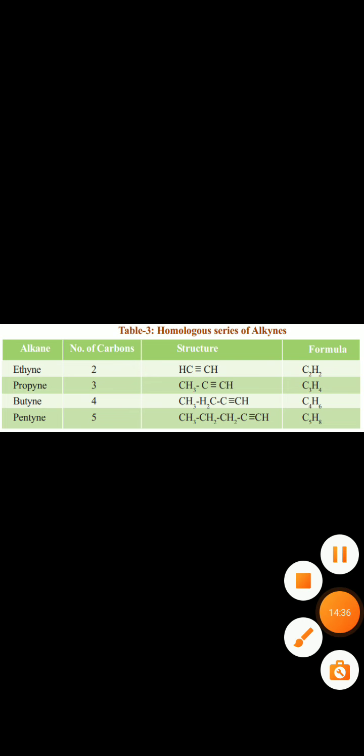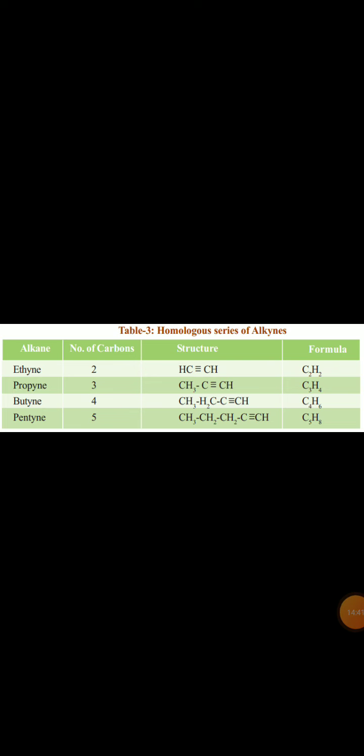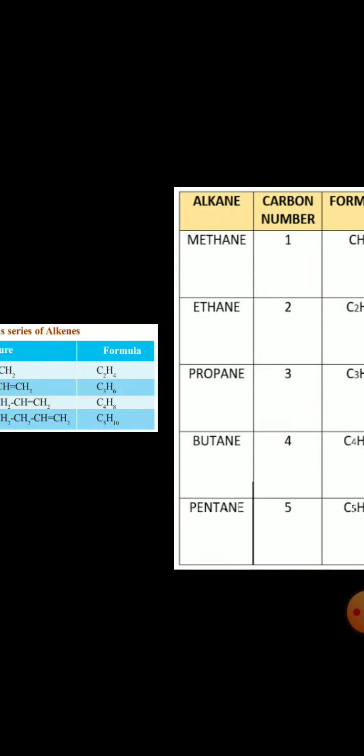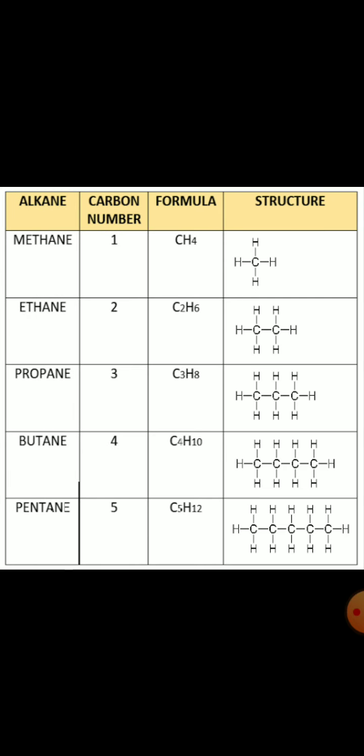And at last we have the homologous series for alkynes. The general formula is CnH2n-2. Alkynes are ethyne, propyne, butyne, pentyne, and their formulas are C2H2, C3H4, C4H6, and C5H8. So this way we have different homologous series.